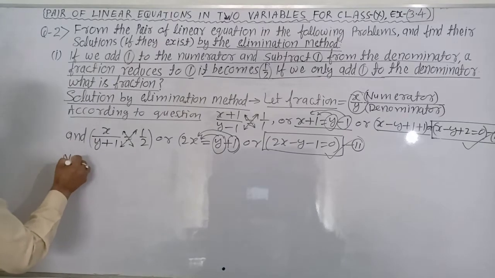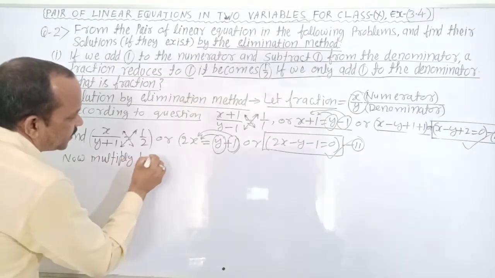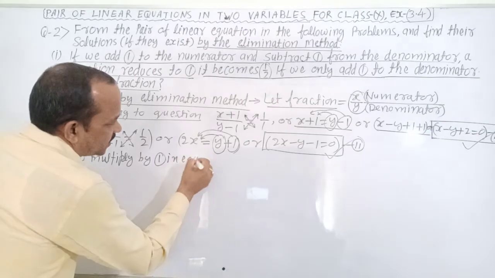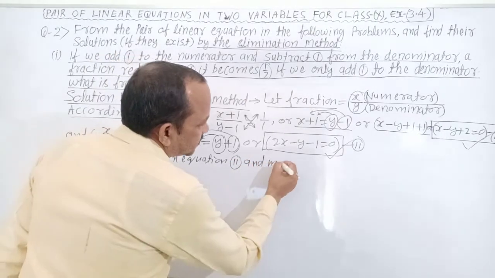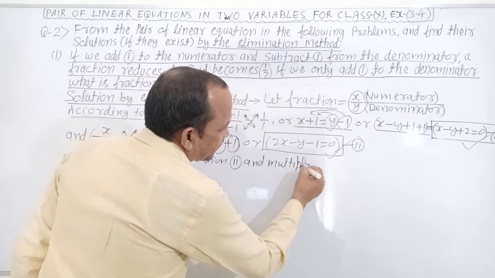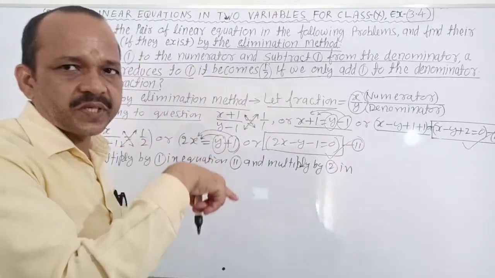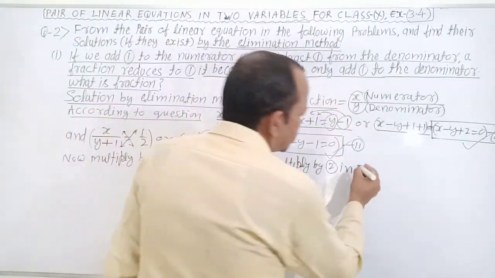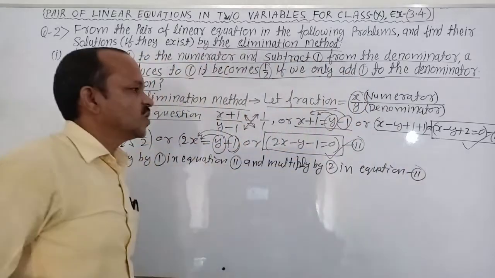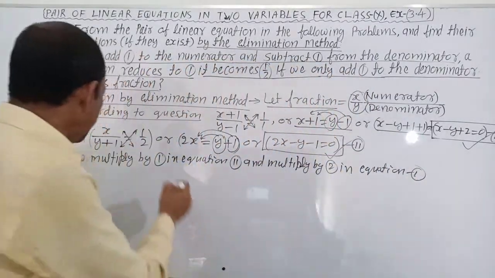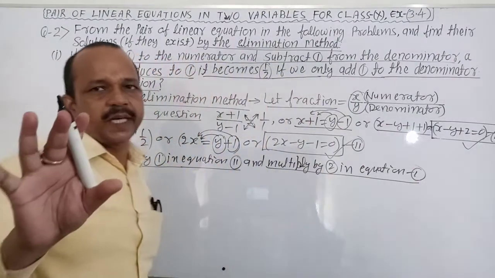Multiply by 1 in equation second and multiply by 2 in equation first. Clear?